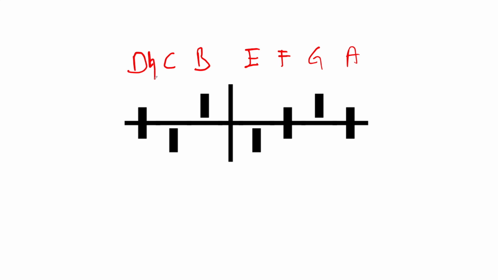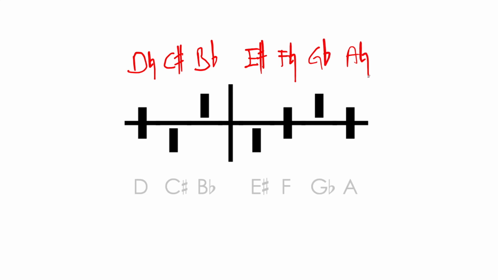That means it is D natural. And this is below the line, which means third position, sharp position. And above the line means flat position, sharp position. In the middle, that means natural. In the first position, that means flat, and this is also natural.